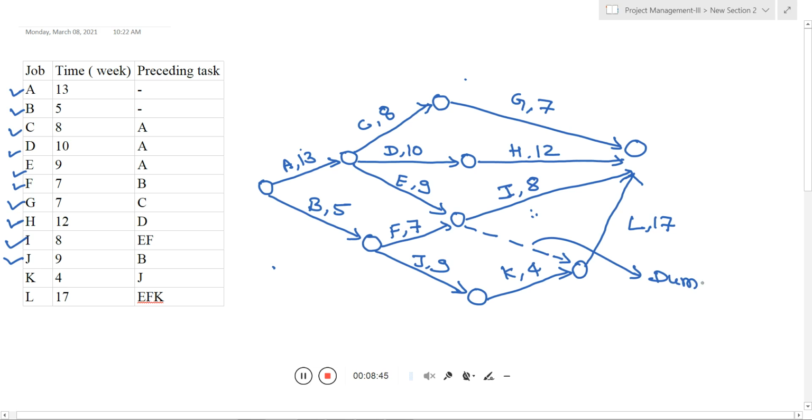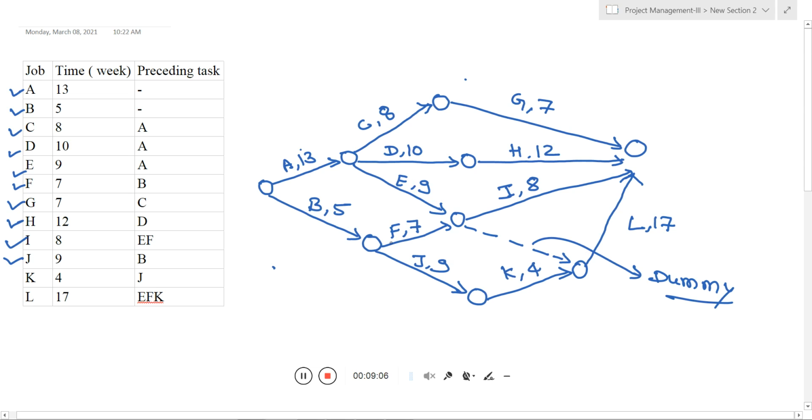So this is the dummy activity, and this dummy activity is just for showing the preceding relationship here. So it represents that for activity L, K, F and E, all three are playing as a preceding relationship.